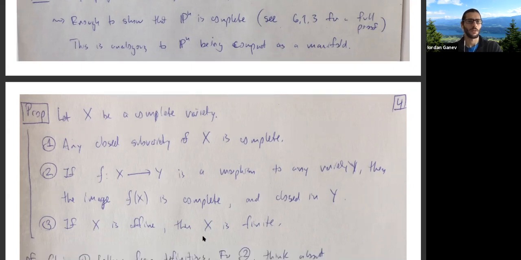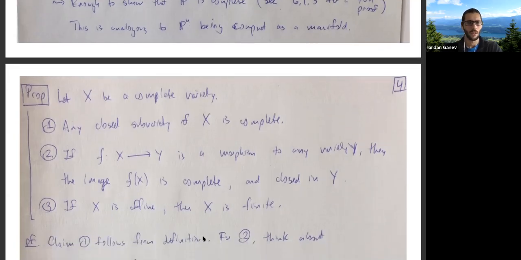Let's collect some facts about complete varieties. If X is a complete variety, then any closed subvariety of X is also complete. That's the first part.